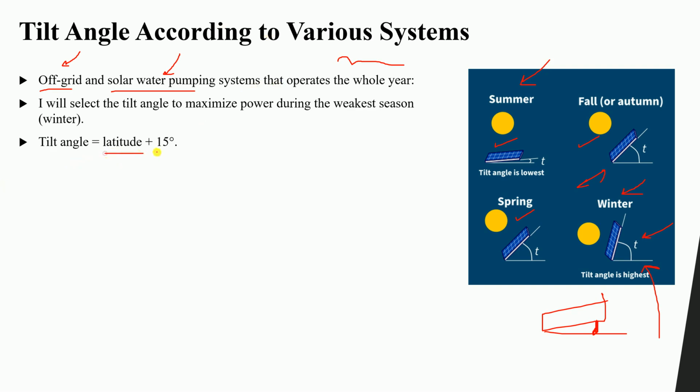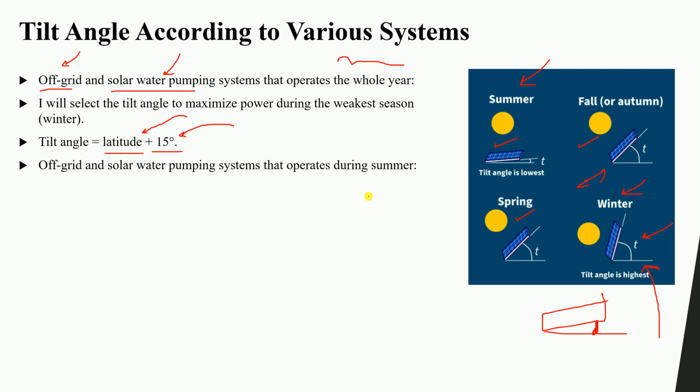So if I have an off-grid system, I will choose latitude plus 15 degrees. Why? In order to maximize power during winter. Because I will get good values of electrical power in summer, spring, and autumn. However, winter is the lowest season.